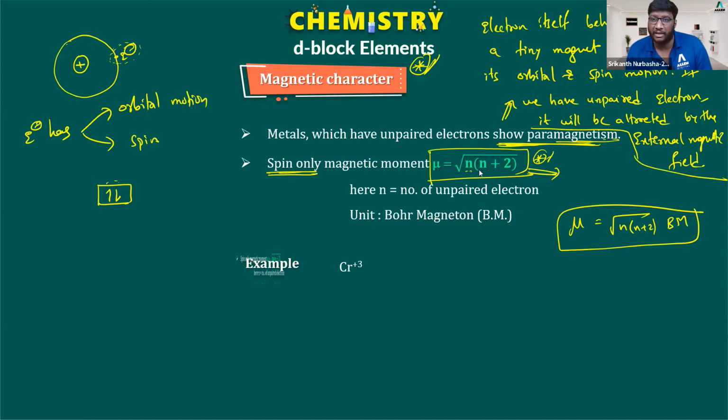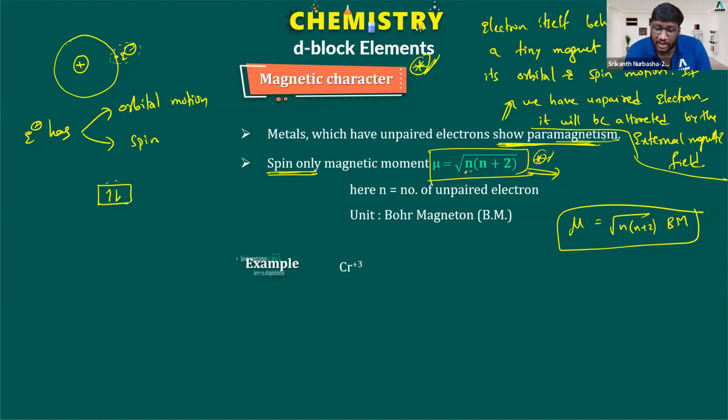The orbital magnetic moment we can study when we look into the concepts of atomic structure. What is the total magnetic moment of the electron? The spin only magnetic moment plus the orbital magnetic moment. If we have to combine these two vectors, which is out of your syllabus, you don't need to worry about that.